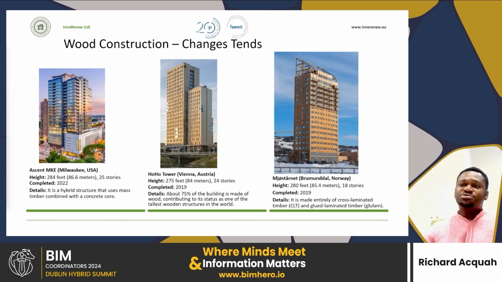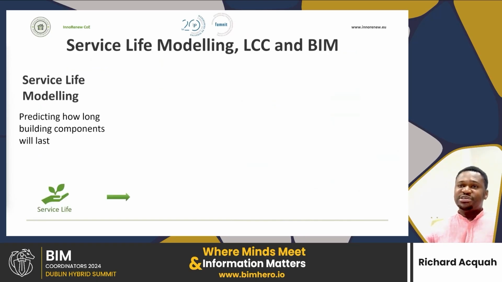And this is because we had architects and engineers who were able to understand wood, and they were able to make use of the research that has been done over the years and implement solutions that have been invented regarding the use of wood. However, not every architect or engineer has access to these technologies.